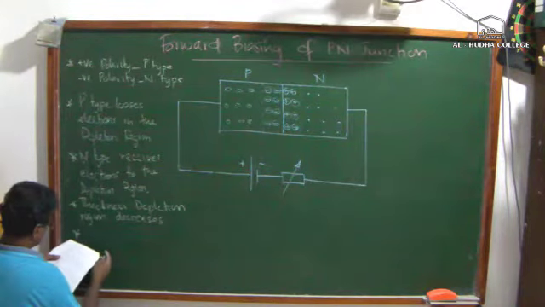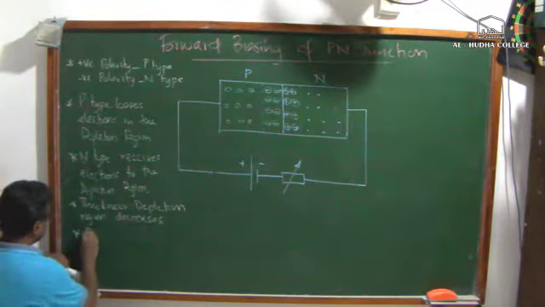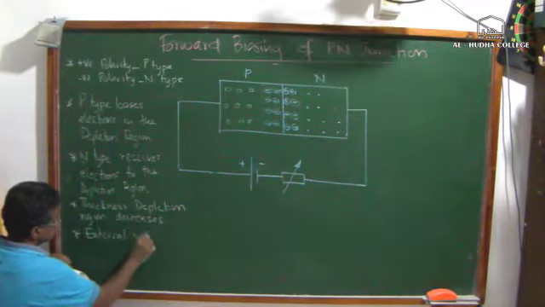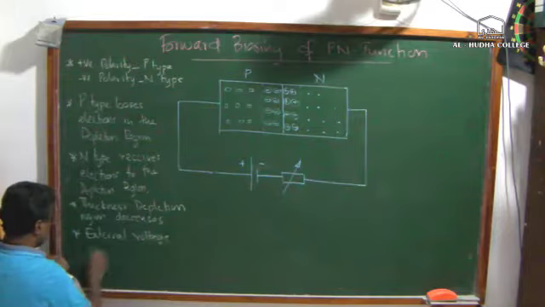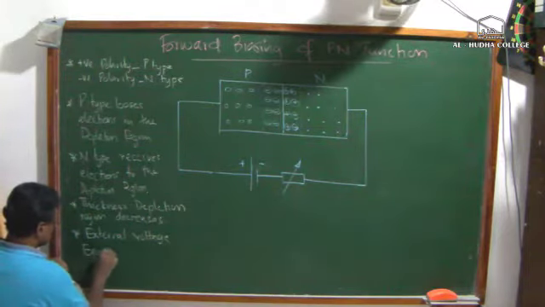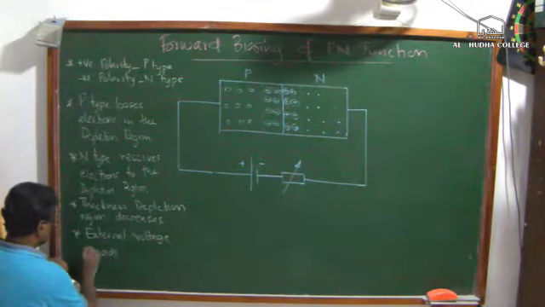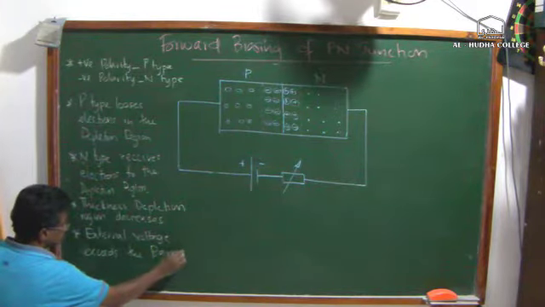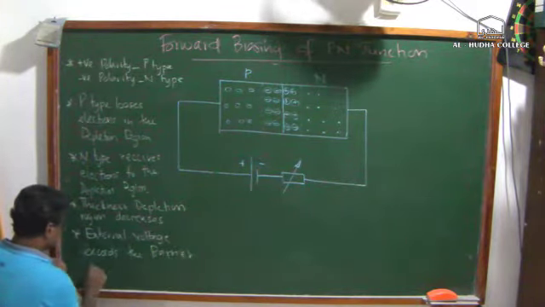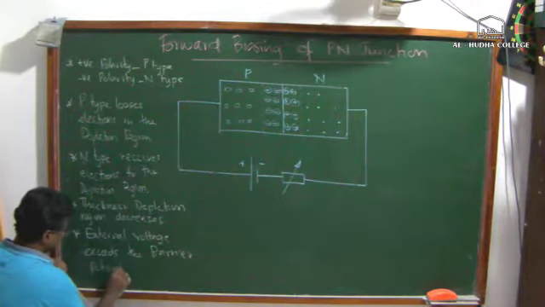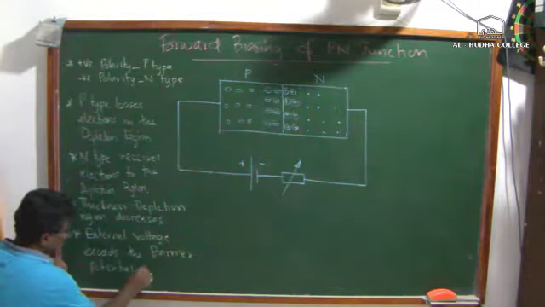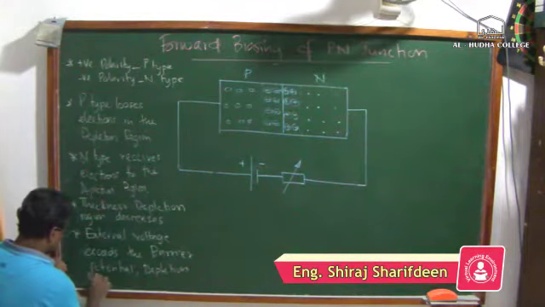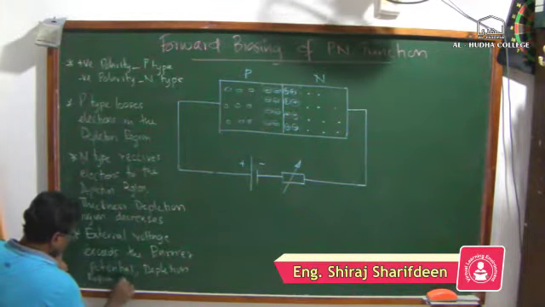and when the external voltage exceeds the barrier potential, the depletion region vanishes.